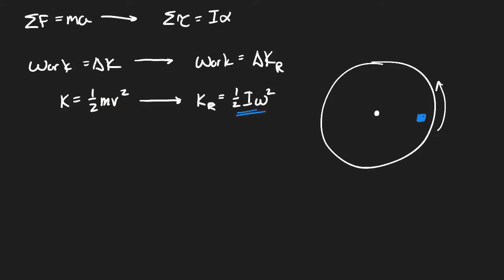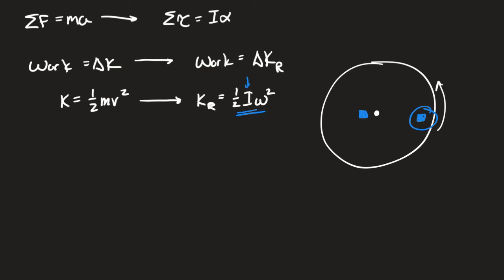This represents the kinetic energy of all the individual pieces as they're spinning around some axis point. And it takes into account the fact that a piece right here is traveling faster than, say, a piece right here. So the kinetic energy is based on the moment of inertia, which knows how the mass is distributed, times how fast it's spinning squared.